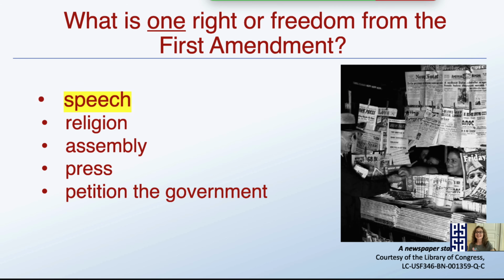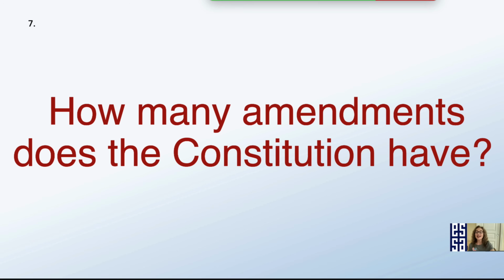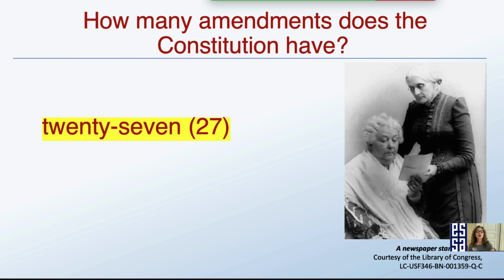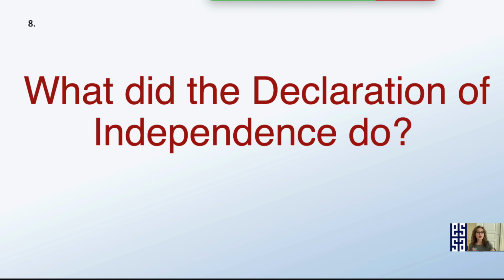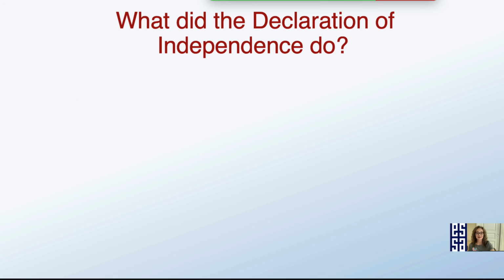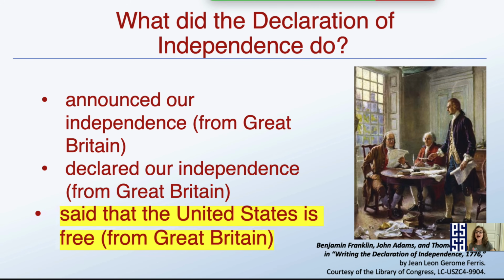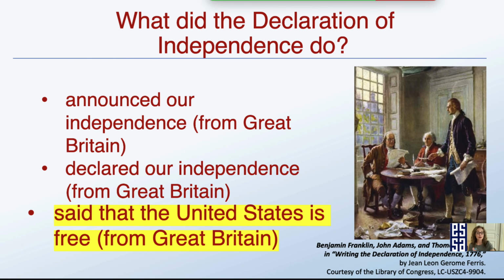What is one right or freedom from the First Amendment? Speech. How many amendments does the Constitution have? 27. What did the Declaration of Independence do? It said that the United States is free from Great Britain.